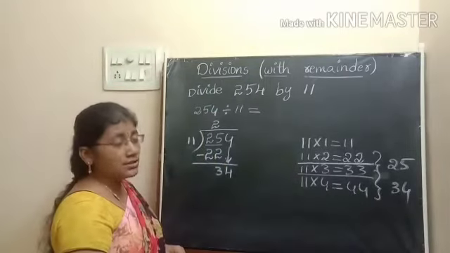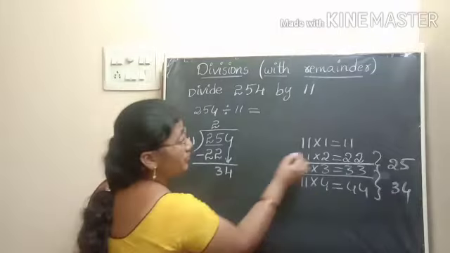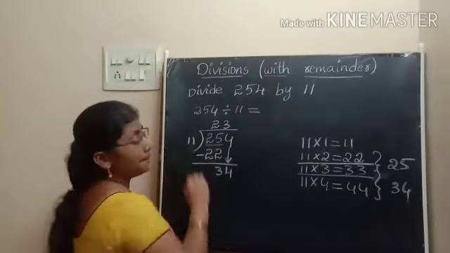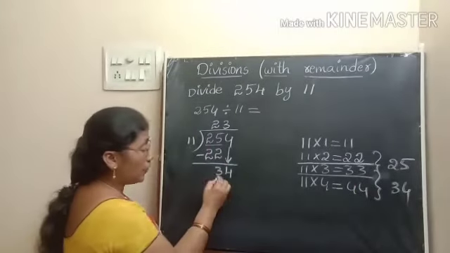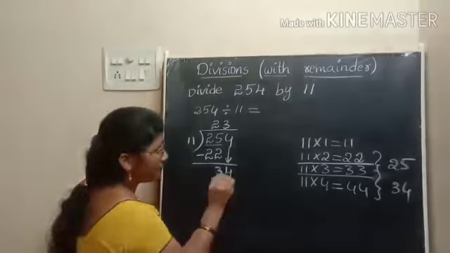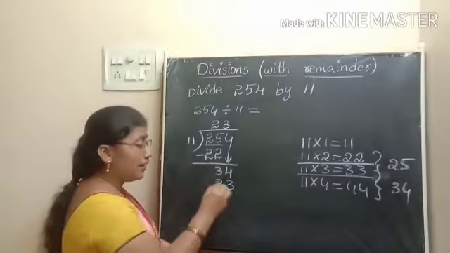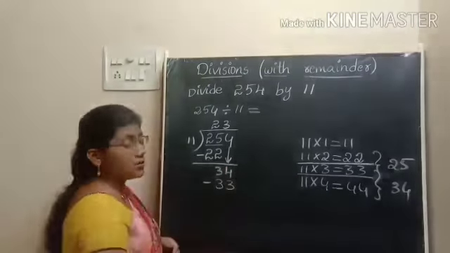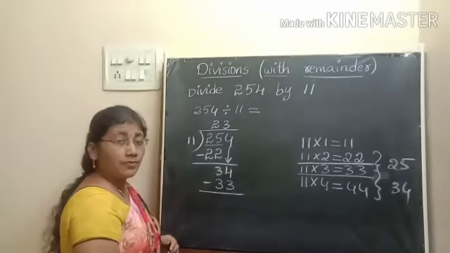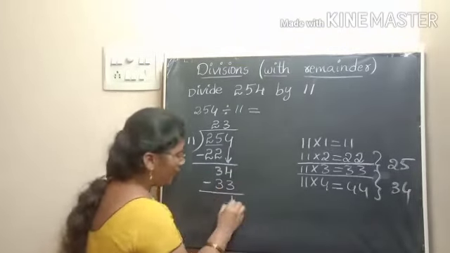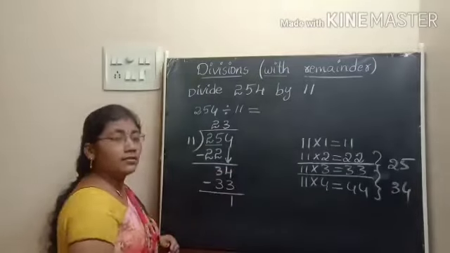While taking this step, we should write the step number as coefficient and the product here, and apply subtraction on these two numbers. 4 minus 3 is 1. 3 minus 3 is 0.